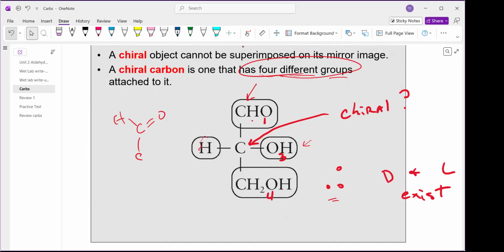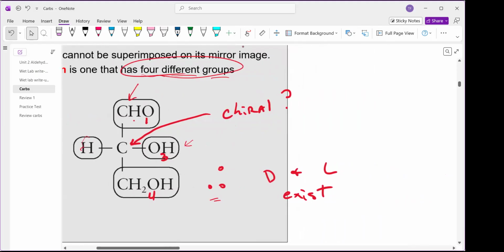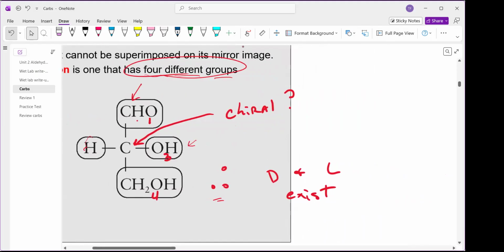So look at the top one here. Okay, question: is the top carbon a chiral carbon? Well, let's look at it.